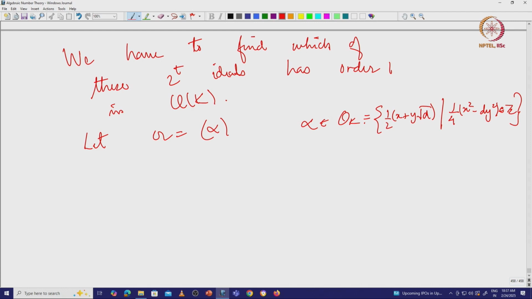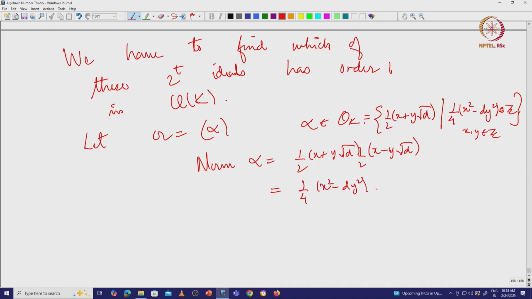So, okay. In any case, what this means is that the norm of alpha is equal to half x plus y square root of d times half x minus y square root of d. Here x and y are in Z, of course, and so you get 1/4 (x squared minus d y squared), right.